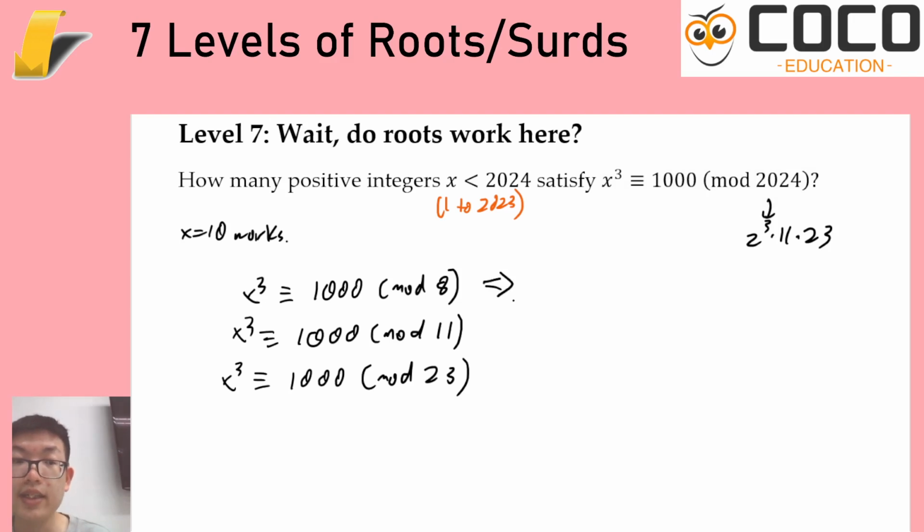You're going to see that, of course, I can reduce all of these down numerically. For this one, if x cubed is a multiple of 8, x just needs to be even, so it's just 0 mod 2.